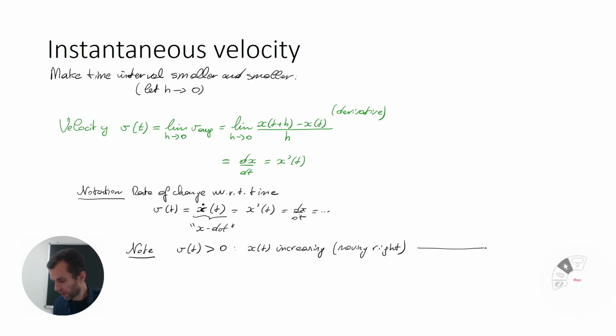So we basically have our line here, our x of t here, and then the velocity being positive means the particle or the train or the car moves to the right. And the opposite is also true. If it's smaller than 0, then x of t is decreasing, moving to the left.